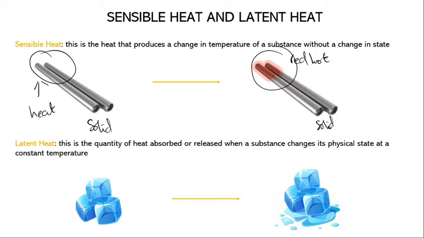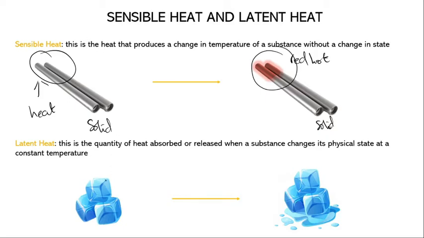Now, in the case where the heat applied to a substance is able to transform it from one state to another, then it becomes latent heat. So latent heat is the quantity of heat absorbed or released when a substance changes its physical state at a constant temperature.